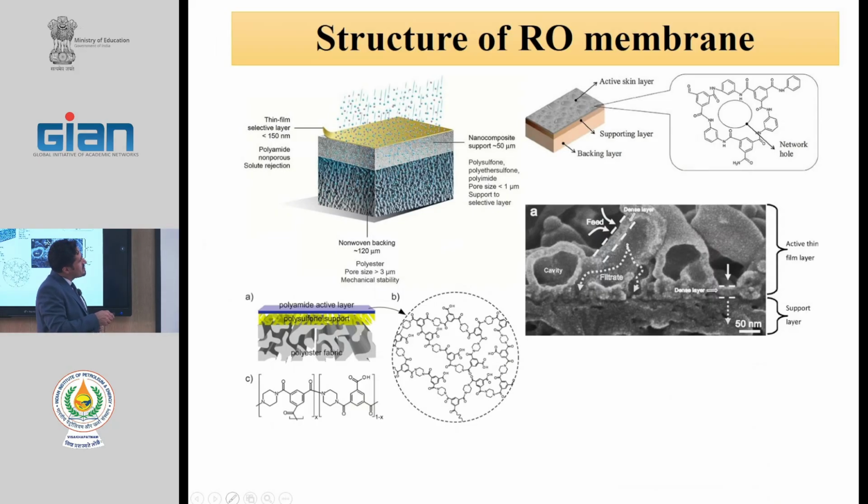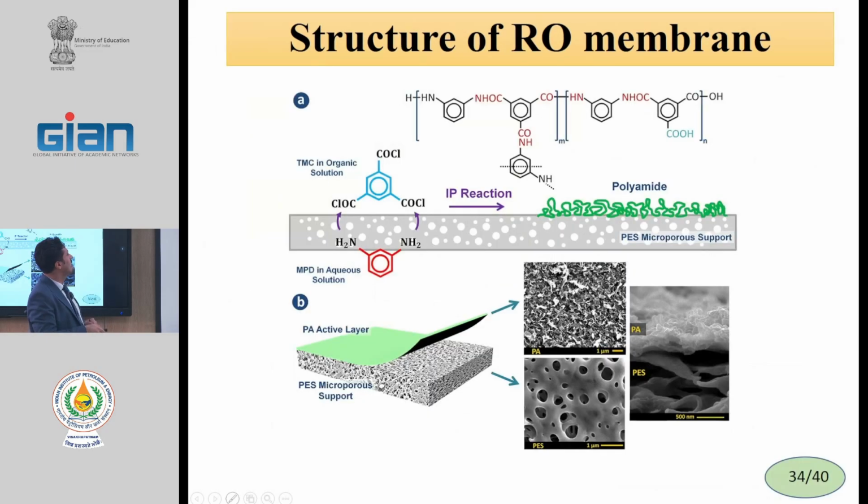We have very angstrom-scale pores, and in these pores only water can pass, while hydrated salts such as sodium and chloride cannot pass, because one sodium is hydrated with 6 waters and has a big size and cannot pass.